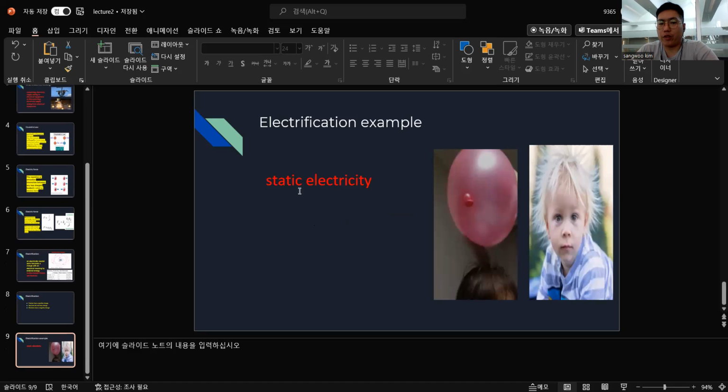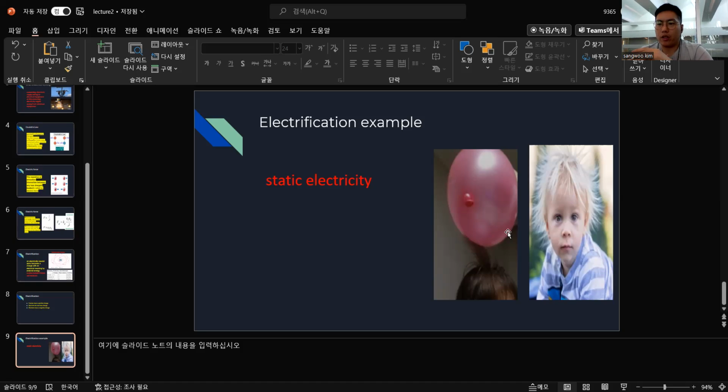So for example, electrification. Here's, for example, static electricity. Now my clothes and my body are both electrically neutral. But now I want to take this off. If I want to take it off, there's external power, like friction between my body and my clothes. So when I apply the power, it has an effect. One of them has to be a negative charge and one of them a positive charge.